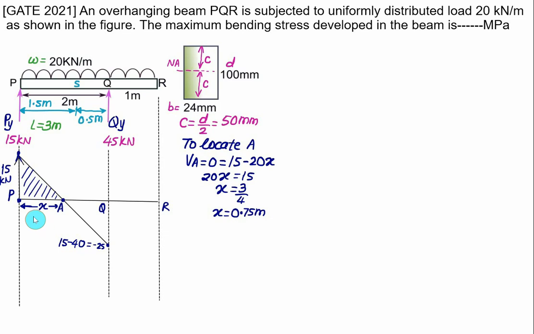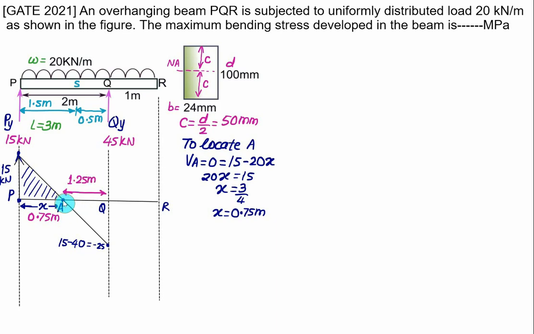So here x is equal to 0.75 meter, and the total distance from P to Q is equal to 2 meter. It means that the remaining distance from point A to point Q will be equal to 1.25 meter.